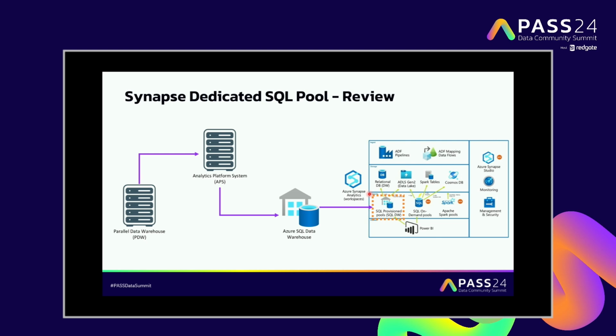The only difference from an end user is the connection string. In the old ones, it would be your resource name .sql.database.net. Versus in this one, it would be the resource name .azuresynapse.net. That would be the only difference, but the engine, the technology, and all that stuff is the same.